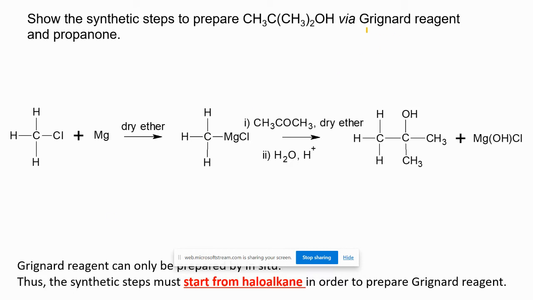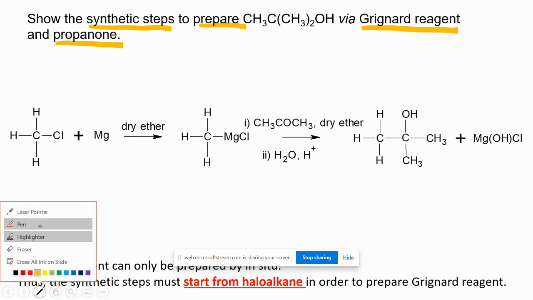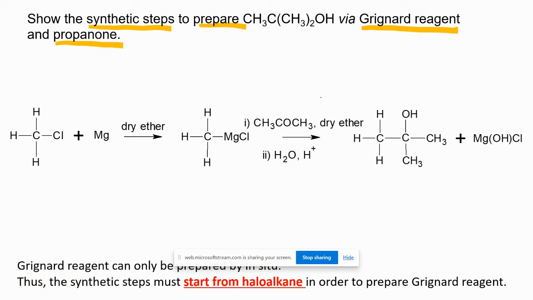Now we go to the next example. That is another famous one, the Grignard reagent. Here it only says show the synthetic steps to prepare alcohol via Grignard reagent and propanol. So let's look at what we have.